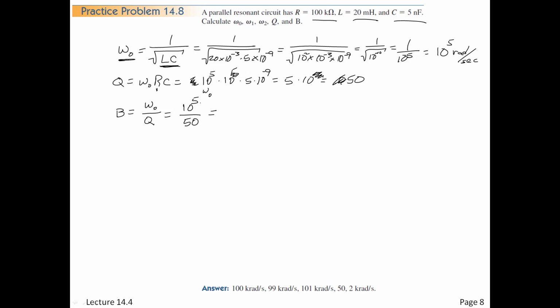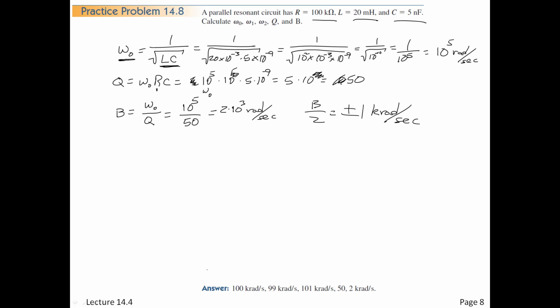This would be 2 times 10 to the third rads per second. Okay, so the B over 2 is going to be plus and minus 1 kilorad per second, right?